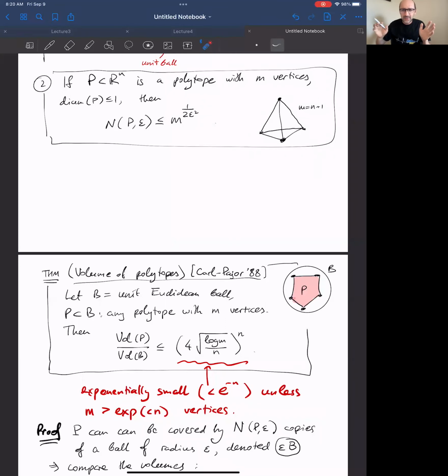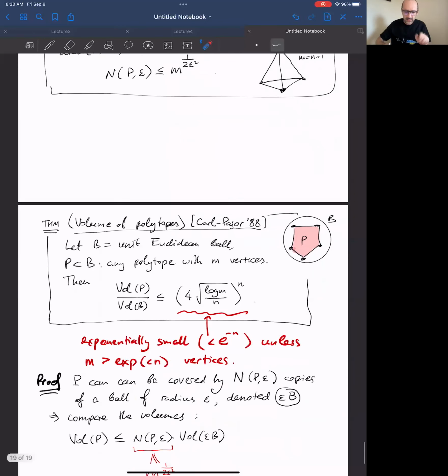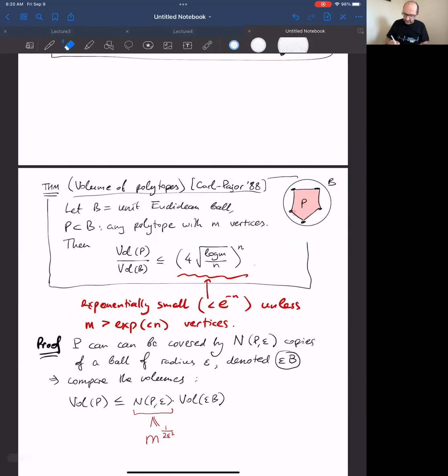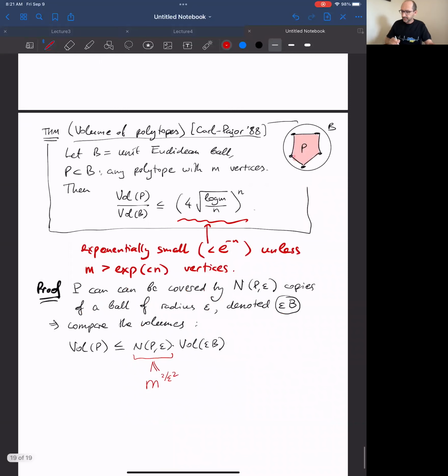But it doesn't really matter. That just affects the scaling. So let me skip this little thing. It will not be 1 over 2 epsilon squared. It will actually be 2 over epsilon squared, and I'm just adjusting the scaling of these results. A little technical. Anyway, this is from the last result.